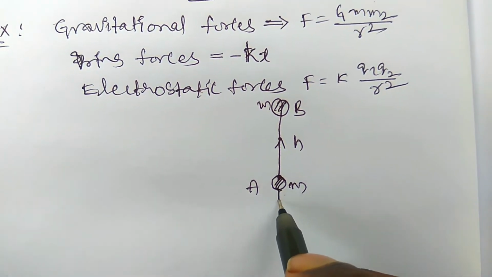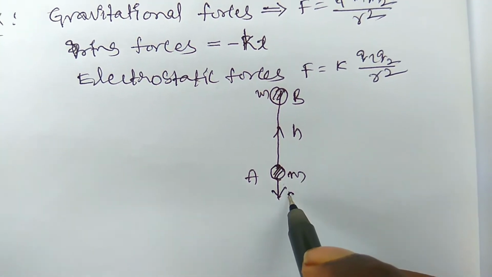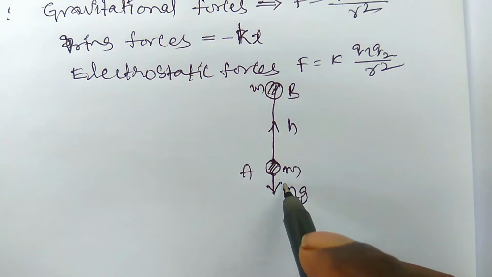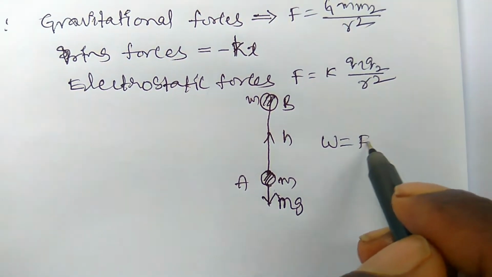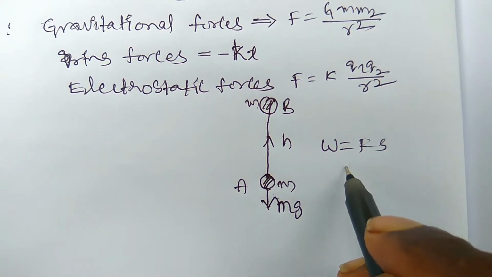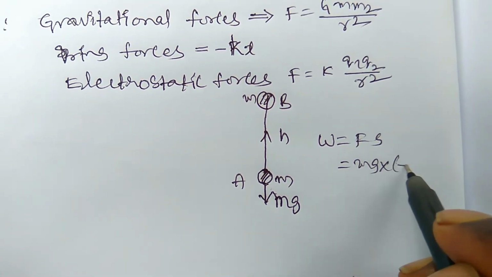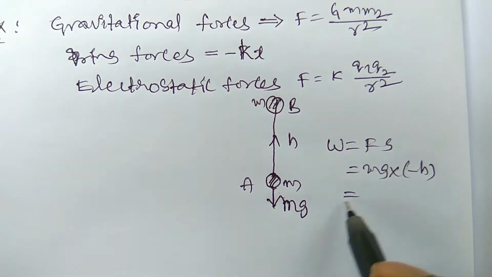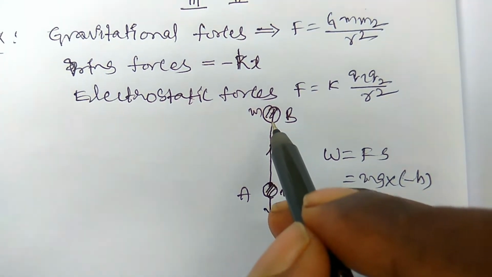The weight of the body acts downward, that is the force acting on the body, F equal to mg. Here the work done is W equal to F into S, which is mg into S, and S is minus h, because the gravitational force acts downwards but you move the object upwards.